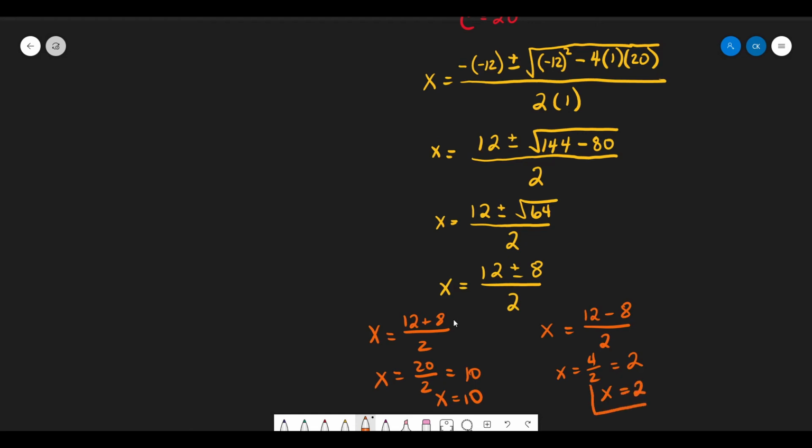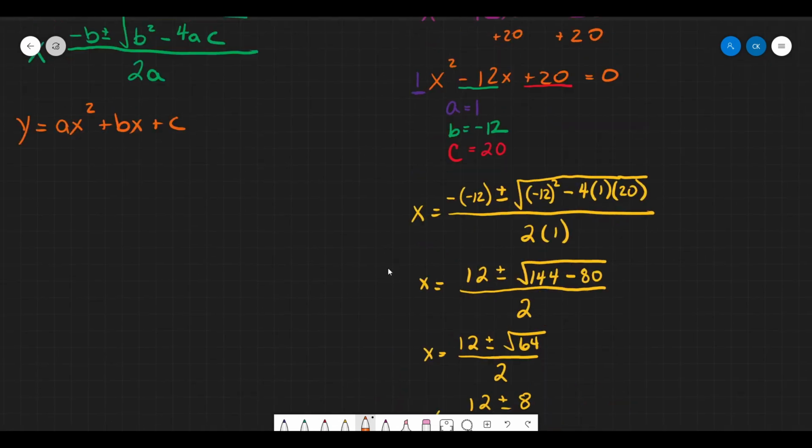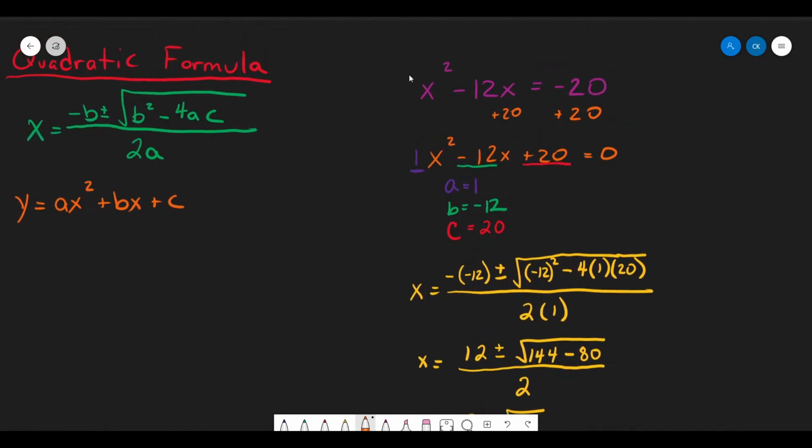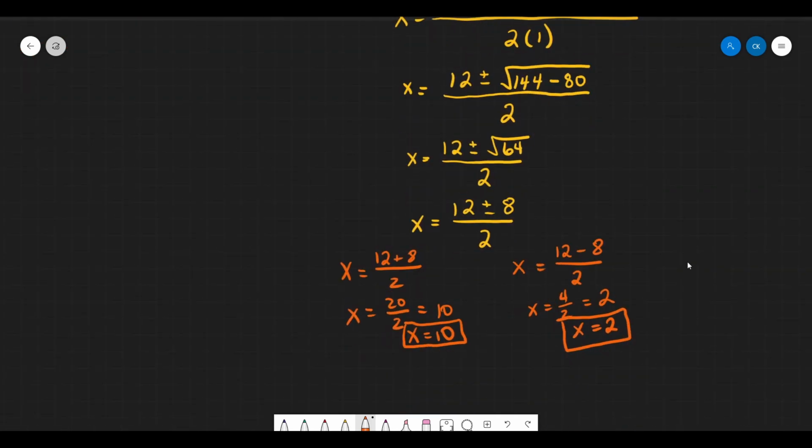So I actually get 2 different solutions here. I have to put both of them. Both of those solutions are my answer. So my solutions for the equation x squared minus 12x equals negative 20 are 10 and 2.